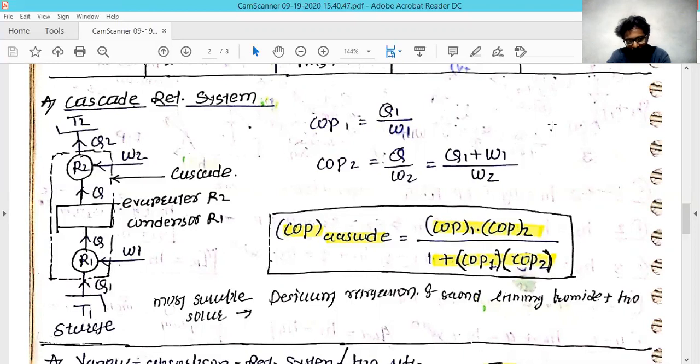And this whole combination is called a cascade.